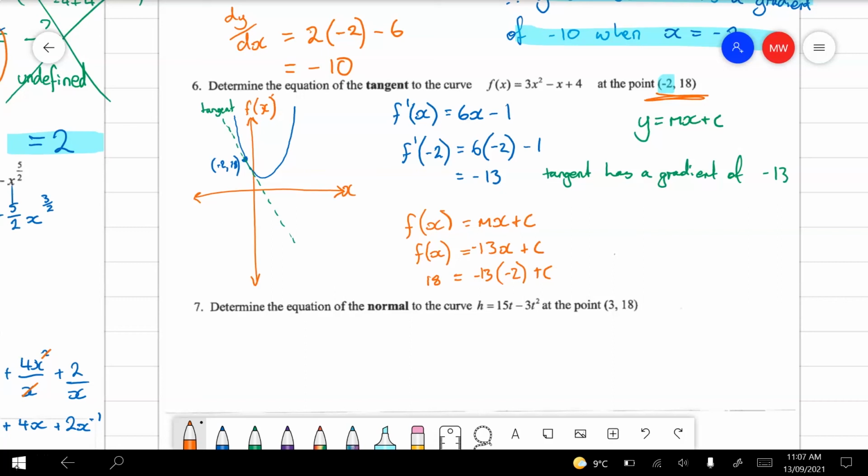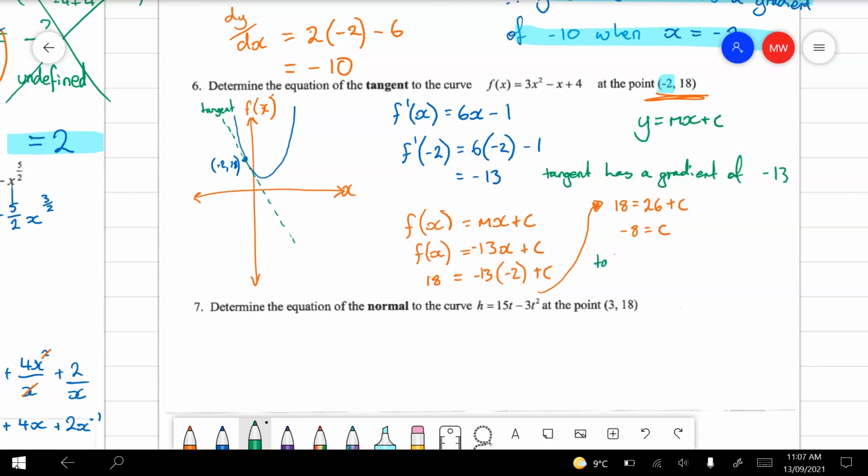And so we can now solve for c. I've run out of room here, sorry. So I've got 18 equals, oops, sorry, 26 positive, minus 13 times minus 2 is positive 26, plus c. Balance method, and c is minus 8. So we've finally got a formula we can write.